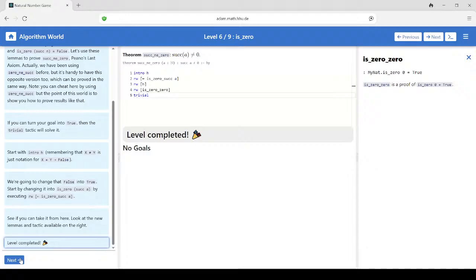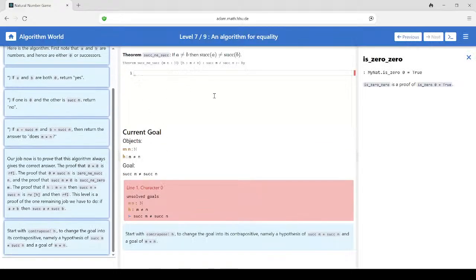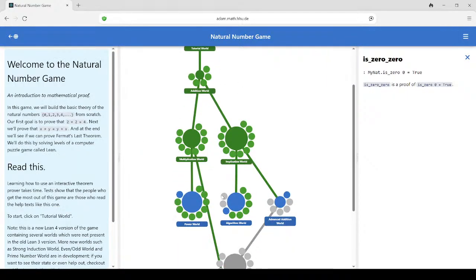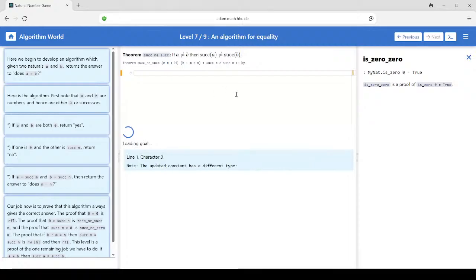Okay. What next? Is this a level I haven't beaten yet? Level 7. Yep, that's where we stopped last night, out of frustration.